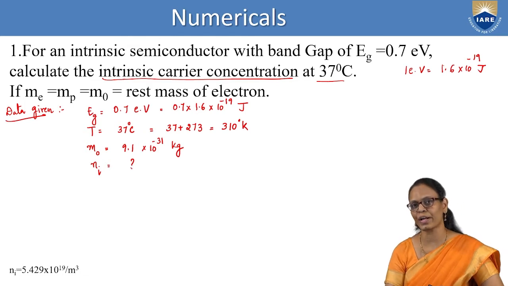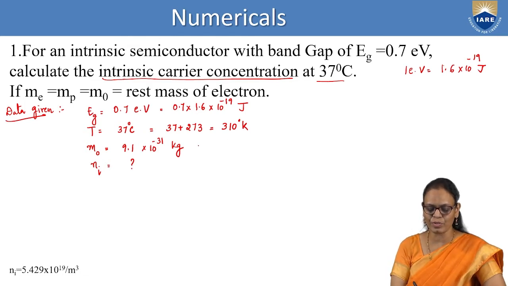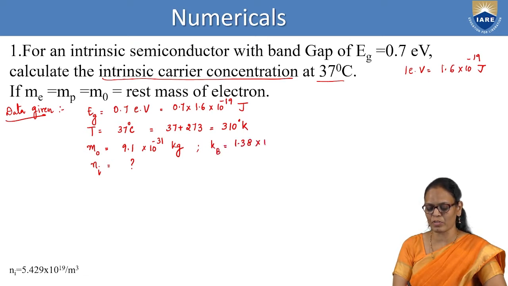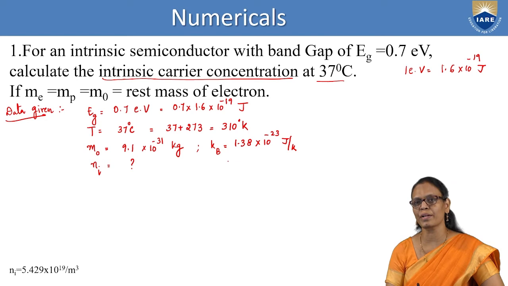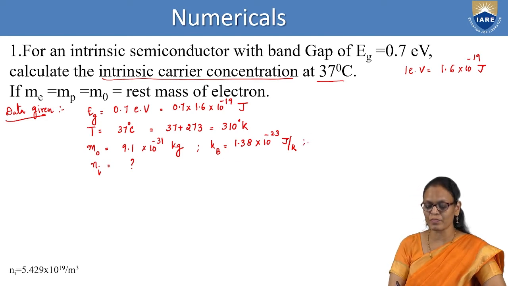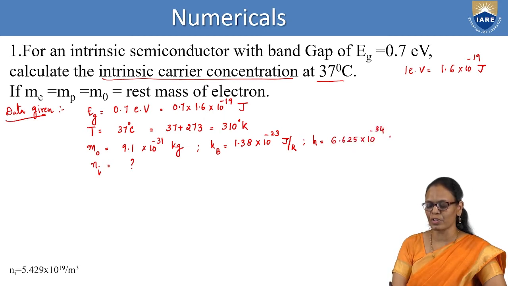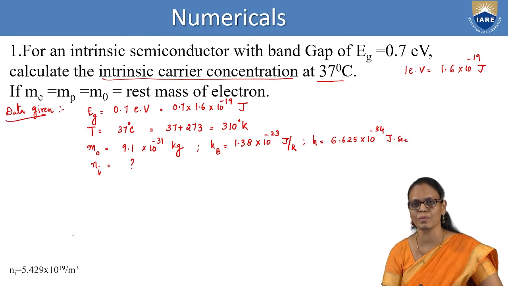We are also going to use one more constant, Kb, 1.38 into 10 to the power of minus 23 joules per Kelvin. And we also have Planck's constant h is equal to 6.625 into 10 to the power of minus 34 joule seconds. We are going to use this constant also.